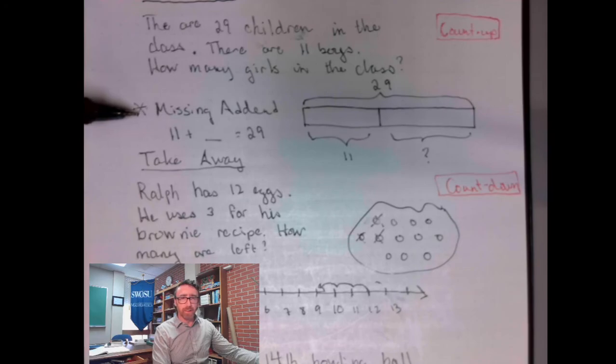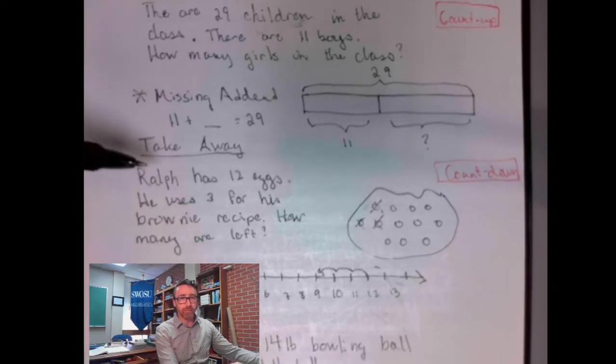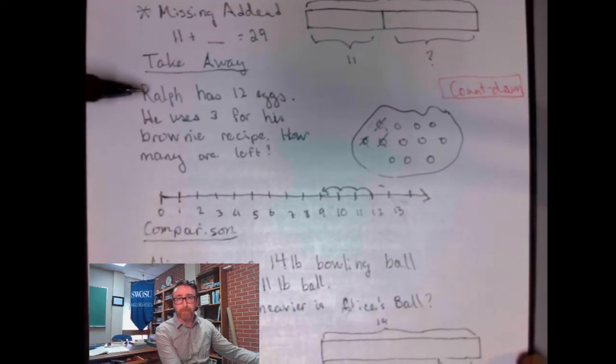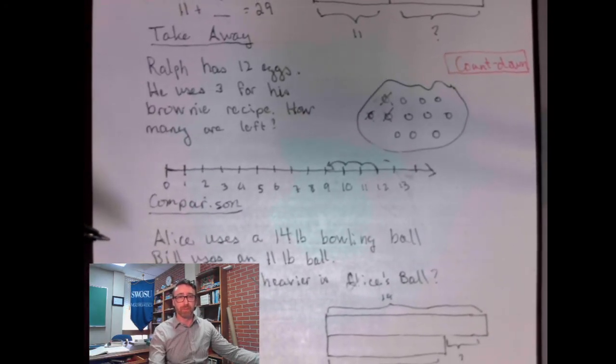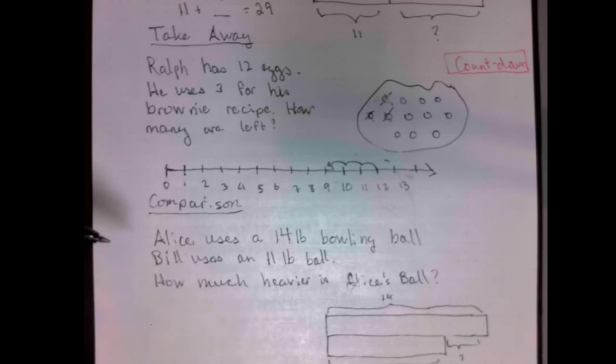It really highlights the missing addend property. You have the takeaway interpretation, and you also have the comparison interpretation. Those are our three interpretations of subtraction.